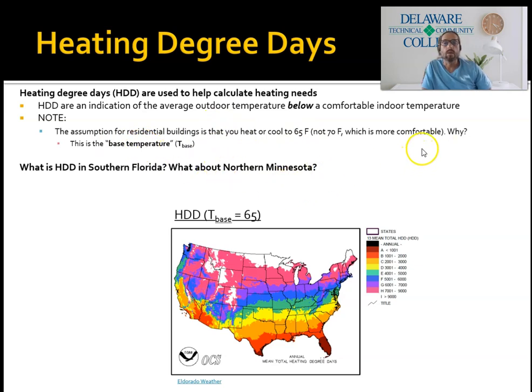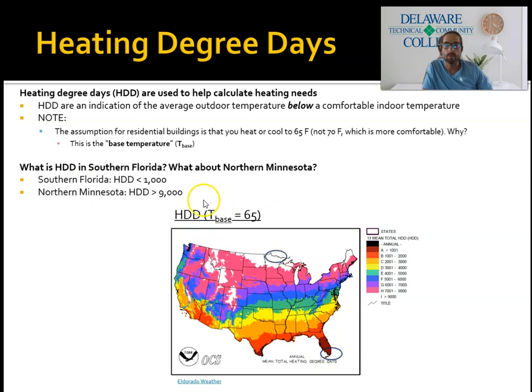All right, let's look at this map. Here's a map of heating degree days across the country, and you can see it matches up perfectly with climate zones. The further north you go, the more heating degree days you need. So let's look at these two areas: southern Florida down here, and northern Minnesota up here. Southern Florida, if you look at the map, is less than 1,000 HDD.